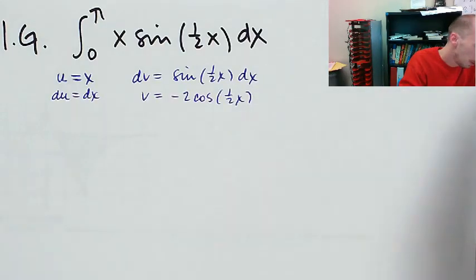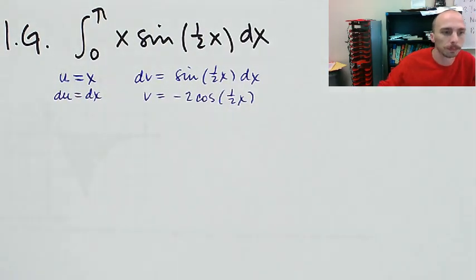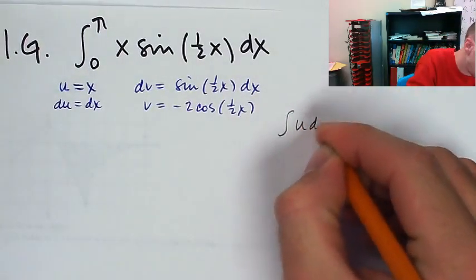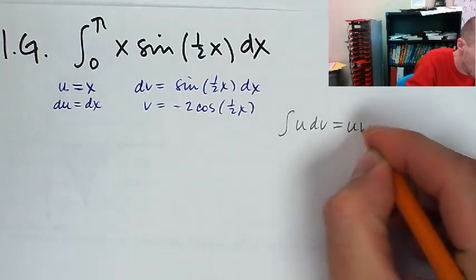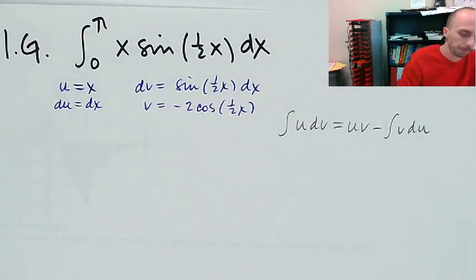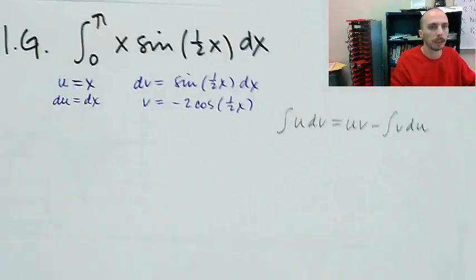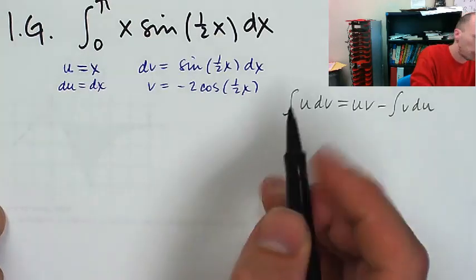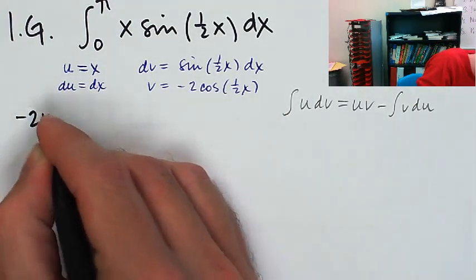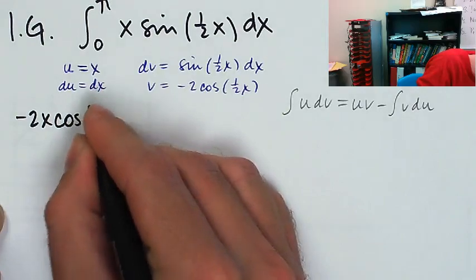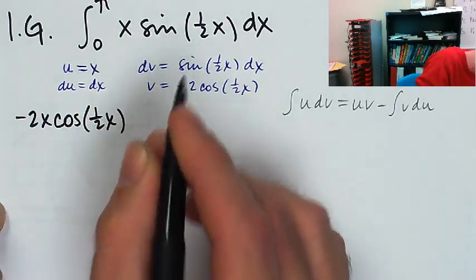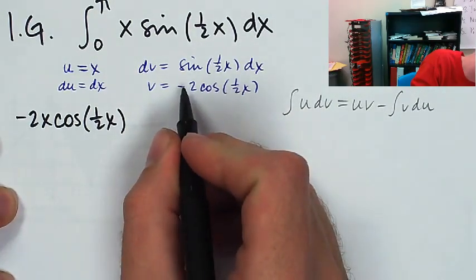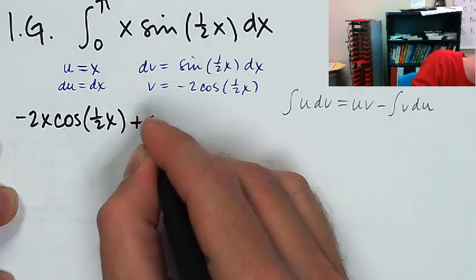Yeah, okay, I'm convinced. We know that the integral of u dv equals u times v minus the integral of v du. So this is going to be -2x cosine of half x minus the integral of v du. So that would be +2, right?